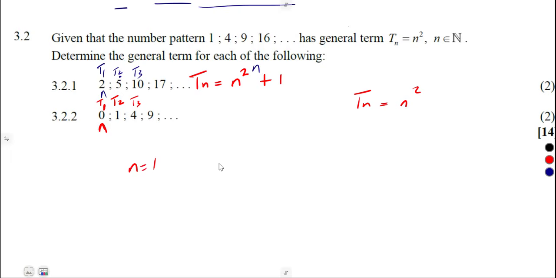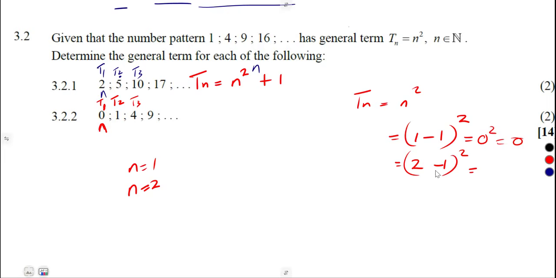To get a 0, we can say 1 minus 1 squared. 1 minus 1, that's what? That's a 0. So we've got 0 squared, which is 0 there. Okay, let's move when n is 2. In place of n, we're going to have this time 2 minus 1 squared. 2 minus 1 is 1. 1 squared is what? Is 1. Exactly what we have here.